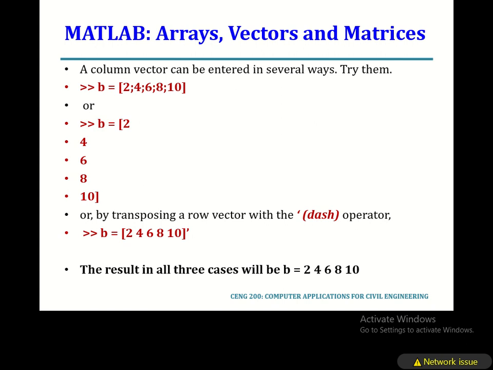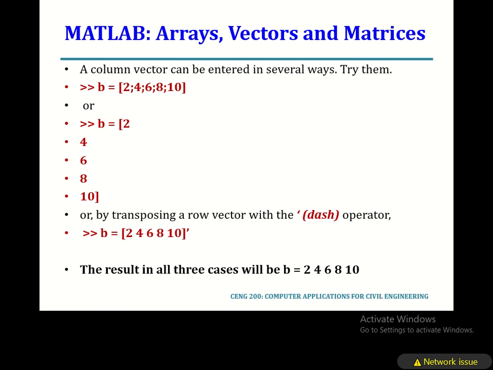So this is now a column vector: one value in each row, one column, and 5 rows. It has only one column and multiple rows.